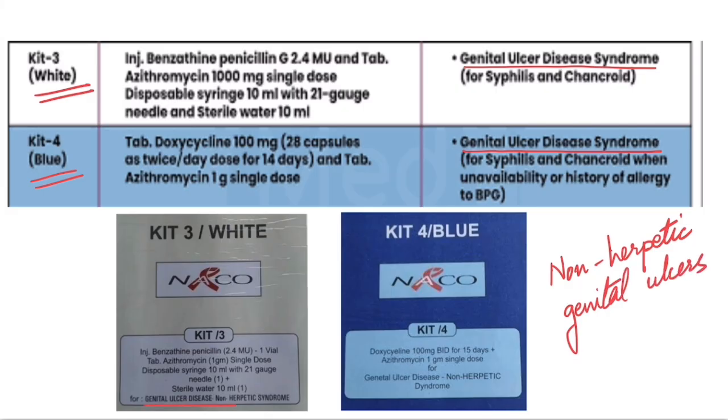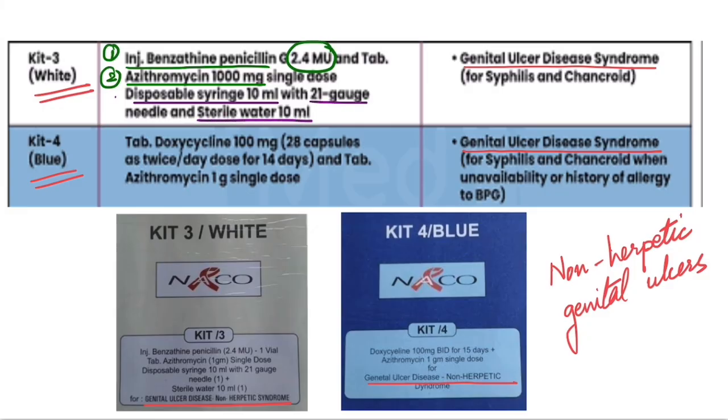So what does these kit contain? Kit 3 contains injection benzathine penicillin 2.4 million units to be given stat, and tablet azithromycin 1 gram or 1000 milligram for a single dose. Both is for a single dose.